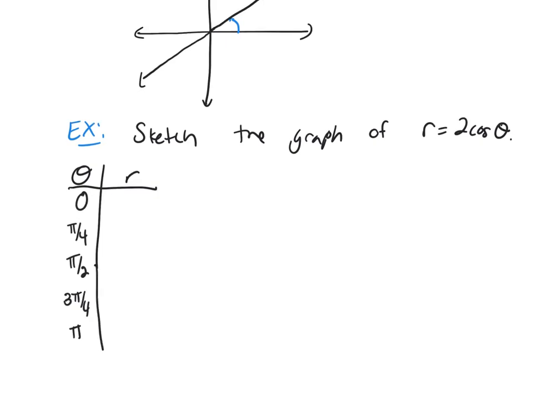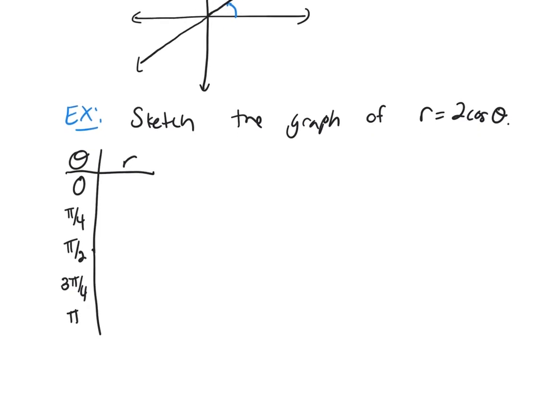You plug these into your equation up here to get r. So 2 cosine of 0 would be 2, square root of 2, 0, negative square root of 2, and negative 2.